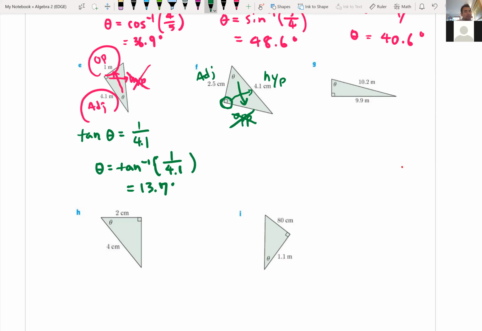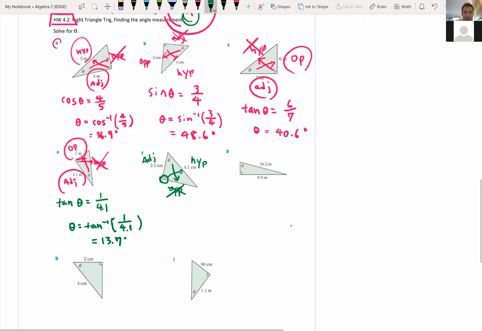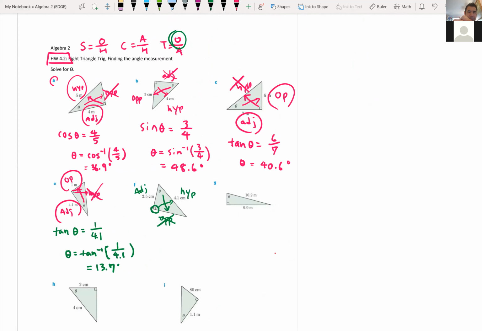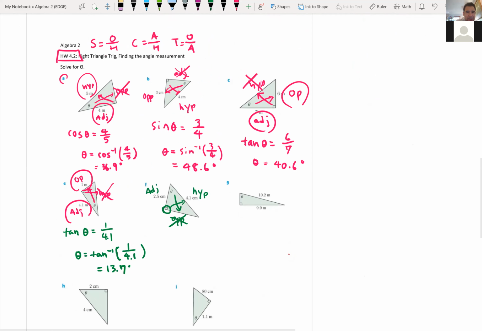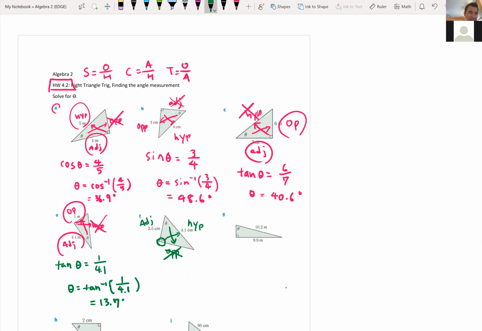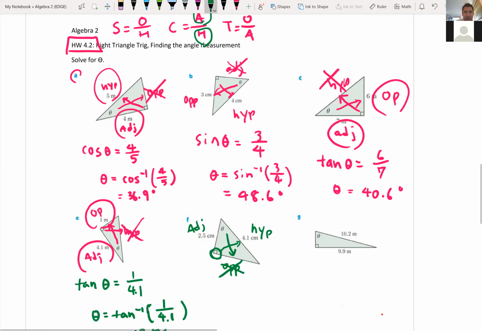Can you tell me which function it is, sine, cosine, or tangent? It uses adjacent and hypotenuse, A and H. So this is a cosine problem. Are you guys getting that?